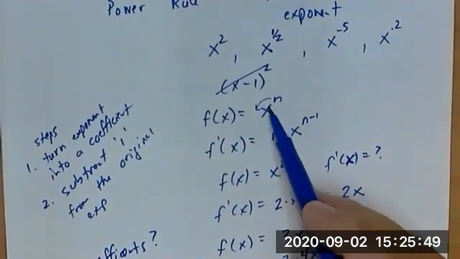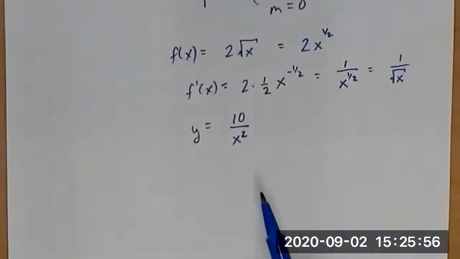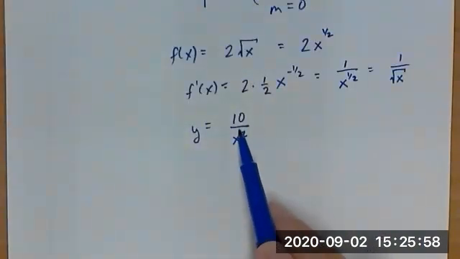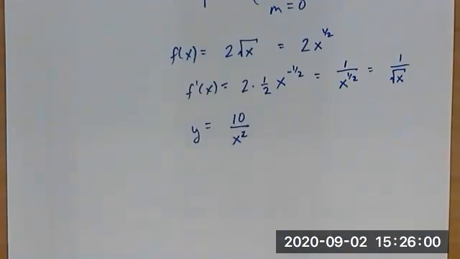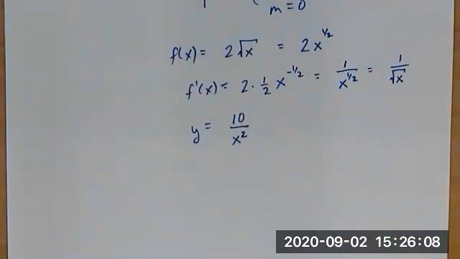The variable is not in the denominator. It's just sort of there by itself. So this isn't really the power rule, as this is written here, doesn't really apply. But once again, what we can do is we can rewrite this so the power rule does apply.